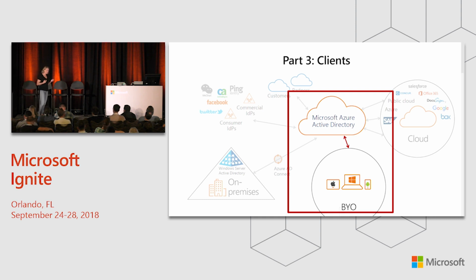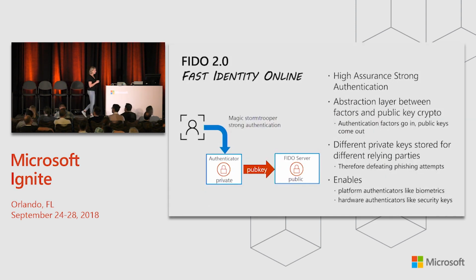So the question becomes, what abstraction layer could we put in the middle so that you can choose any authenticator you want, anything, and we can support it? We need a way to not have to care about the proprietary details and to treat every single authenticator the same. Well, that's what FIDO 2.0 is.